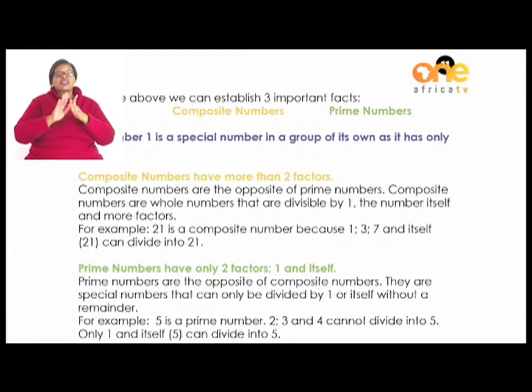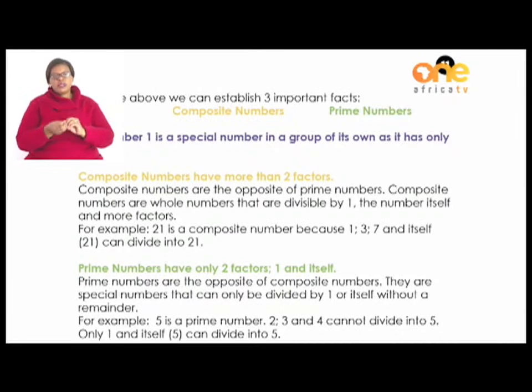Now, let's quickly go to prime numbers. Before we touch on composite numbers, let's just see what they say. What is a prime number? It says there that a prime number only has two factors, 1 and itself. It continues to say that prime numbers are the opposite of composite numbers.